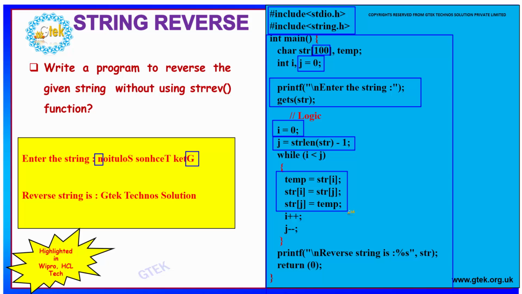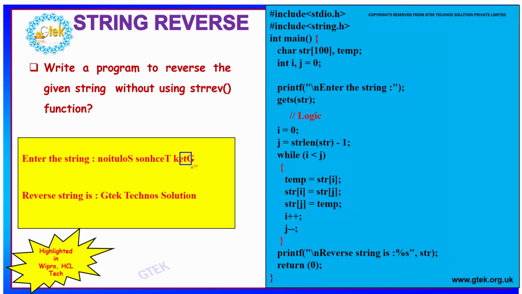And further, we are incrementing your I, that is your I will be next pointing out to this position, and your j is decremented, that is your j will move on to the previous position, that is to T, and your I will be in this position.